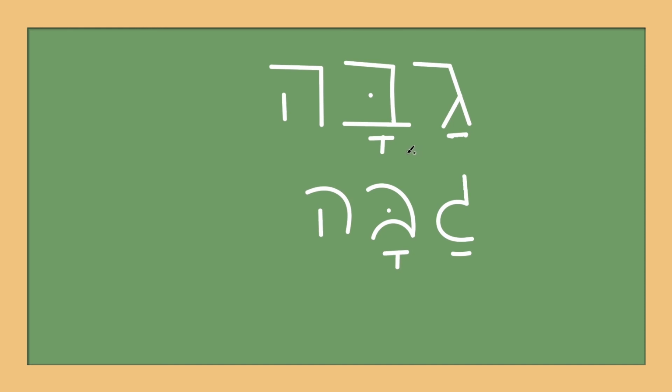So here we see the same case, that the letter hey, when it's the final letter of the word, is silent. And it gives me, in most cases, an indication that the letter coming before it has an a vowel. Gaba, an eyebrow. If we want to make it definite and say the eyebrow, we'll add the ha article at the beginning. Ha gaba. So hey, as a definite article, will always be written together in the form of the first letter of the word.